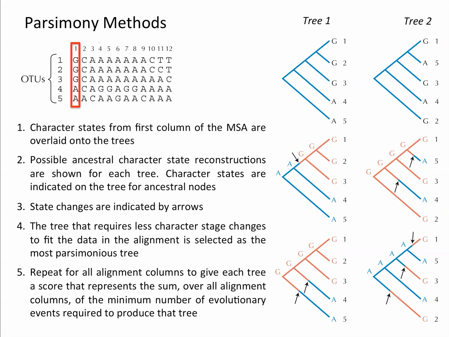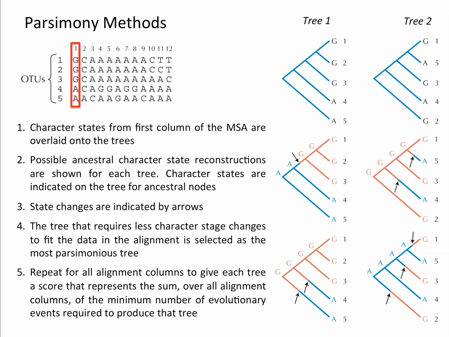Finally, we count the character state changes in all trees and select the tree that requires fewer changes. In this case, with this tree, only one change, you could obtain the observed character states in the first column of the alignment.